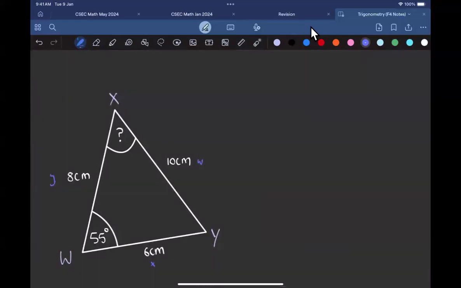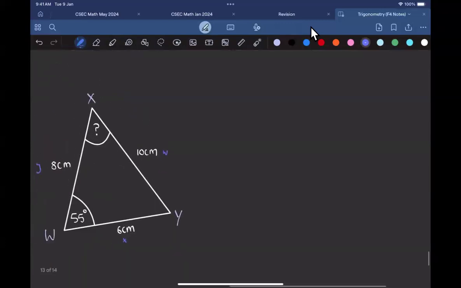Remind me, what is the sine rule? Amy, remind Sasha what the sine rule is. A over sine A is equal to b over sine B, which is equal to c over sine C. But Sasha, do we have a, b, and c in this question?